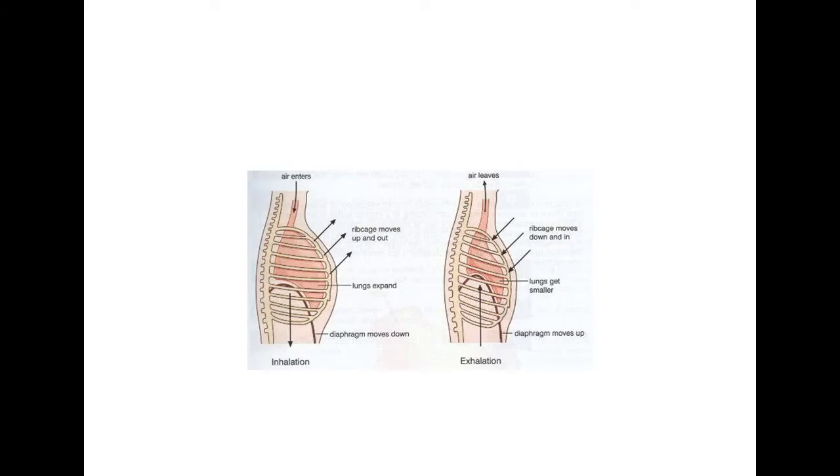Here is just another visual of your diaphragm and showing how it moves during inhalation and exhalation. You can see that your diaphragm during inhalation is pushed downward because your lungs are full, and you can see during exhalation that your diaphragm is pushed upward because your lungs are smaller.